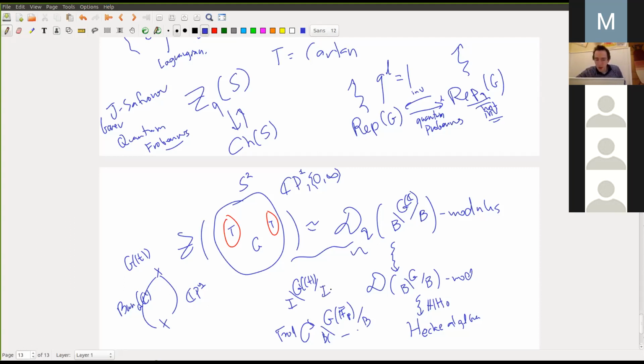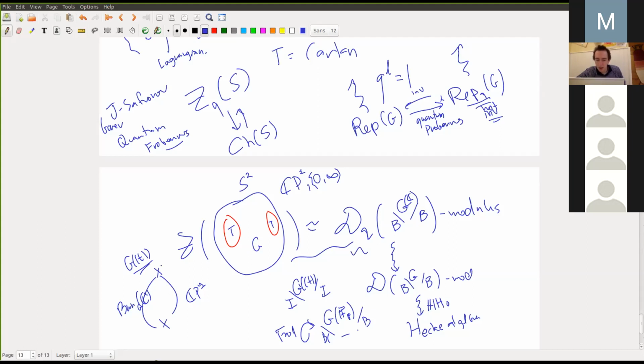Right. But on the Betti side, you just have this much sillier looking picture where there's nothing as sophisticated as a loop group. It's just the finite type group G, like just GLN or something.